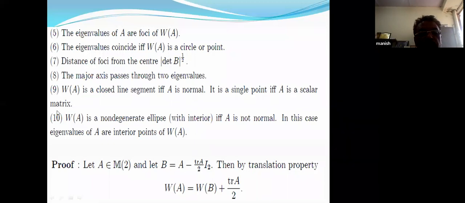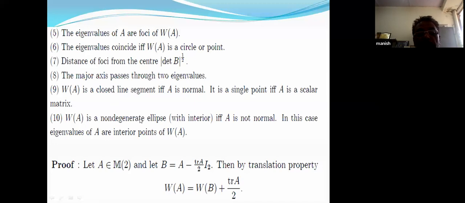Now these two points, 9 and 10, are important. The numerical range is a closed line segment if and only if A is normal. This is important. The numerical range of a 2 by 2 matrix is a closed line segment if and only if A is normal. This means if A is not normal, then it is not a closed line segment.